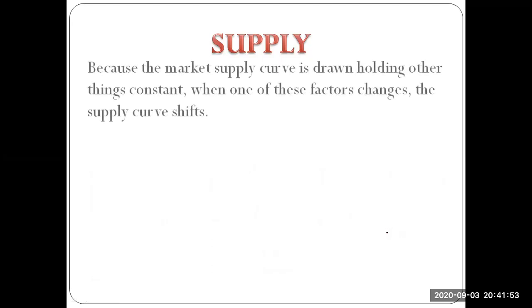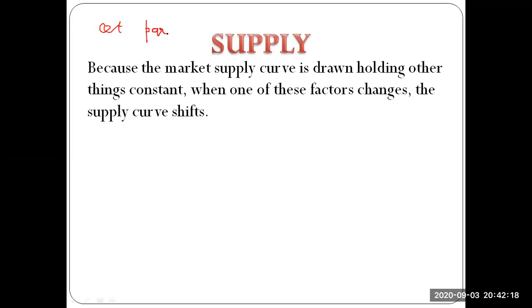Now, the next thing that we'll be talking about is the shifts of the supply curve. We had already discussed the shifts of the demand curve, and now we'll be talking about the shifts of the supply curve. The essential concept remains the same. Because the market supply curve is drawn holding other things constant, in my definition I had mentioned that ceteris paribus condition, which was there in the case of the law of demand as well.